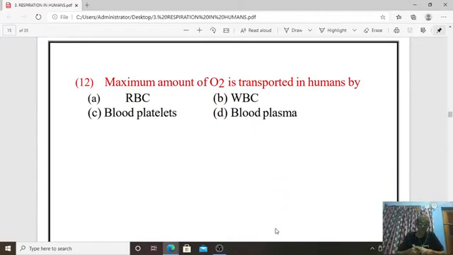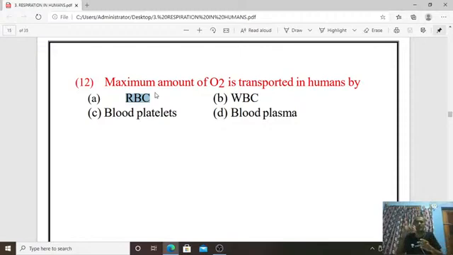Next, the 12th one. The maximum amount of oxygen is transported in humans through which cell: RBC, WBC, blood platelet, or blood plasma? The maximum amount of oxygen transportation is through RBC. About 97% of oxygen is transported through RBC, and 3% is transported through blood plasma.